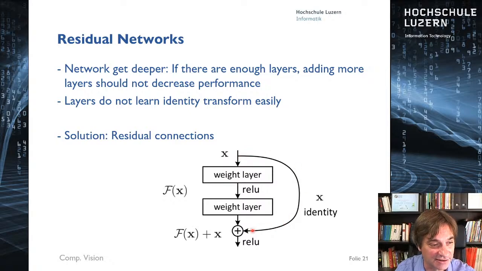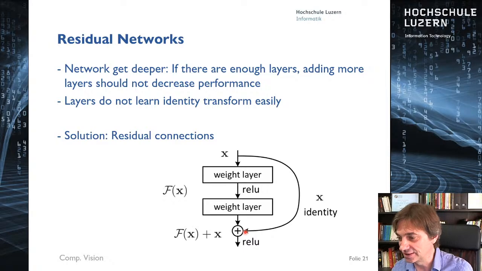So the shortcut is here, so that you have your input data here, then you have 2 layers with some convolution, and then you have the output here, and at this position you add the values that you had before, and this time you really add them, not concatenate, to the results of the layers here. And the effect is, if those layers do nothing, so if they output 0, then you would still have the same as you had before.